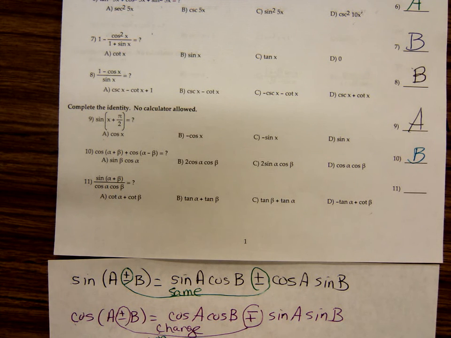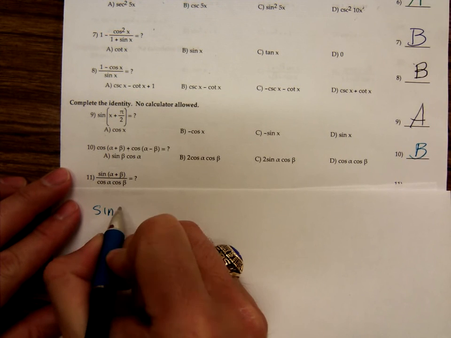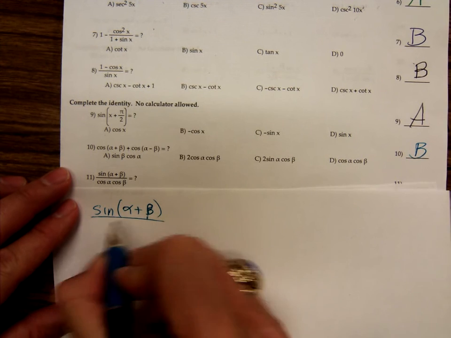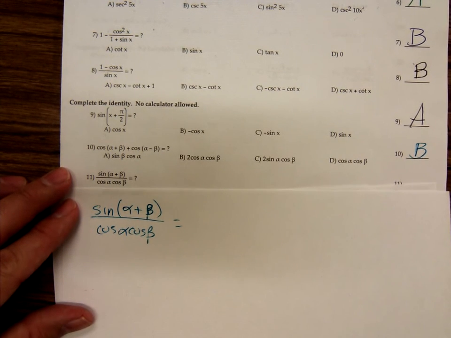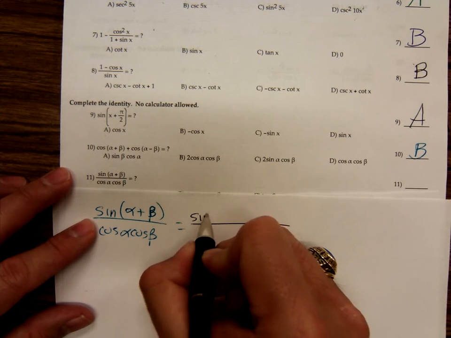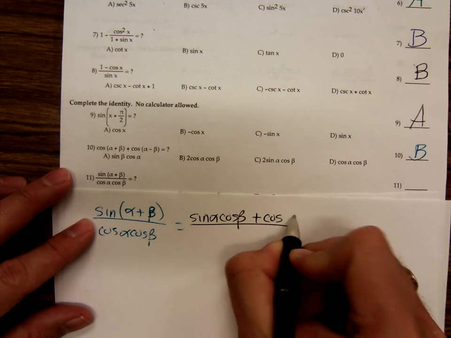Use this paper. Well, let's start off by expanding sine alpha plus beta. I'll do that in brackets. Sine, cosine, same symbol, cosine, sine.